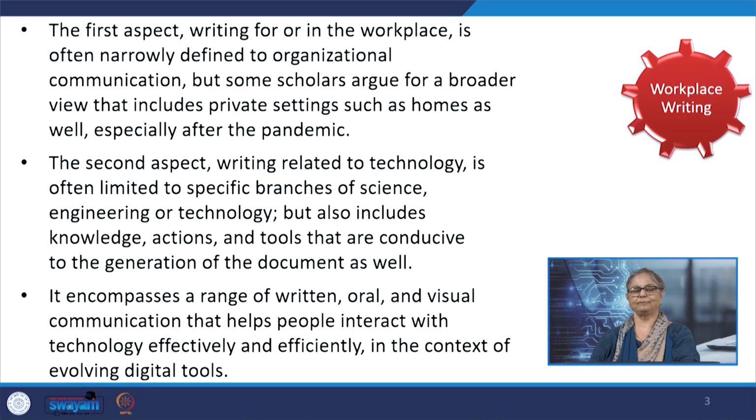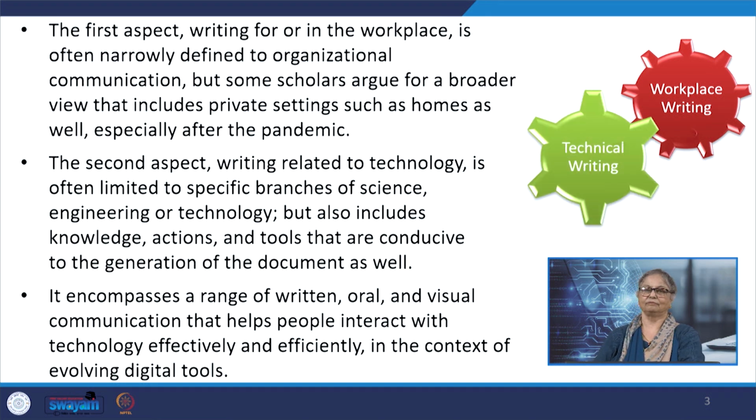The first aspect, writing for or in the workplace, is often narrowly defined to organizational communication. But some scholars argue for a broader view that includes private settings such as homes as well, especially after the pandemic. The second aspect, that is, writing related to technology, is often limited to specific branches of science, engineering, or technology.